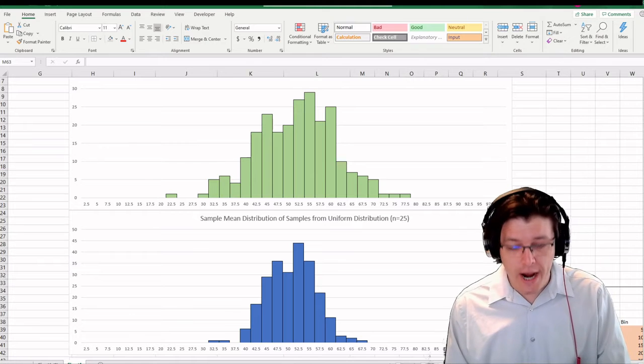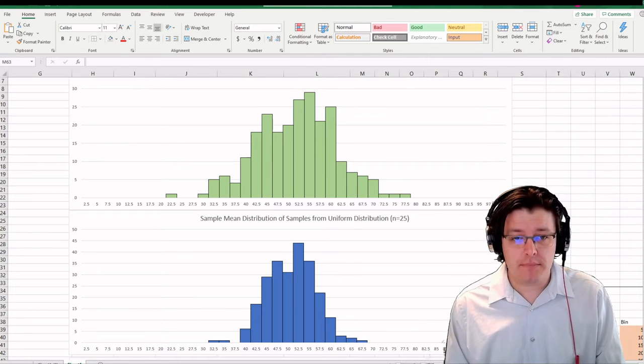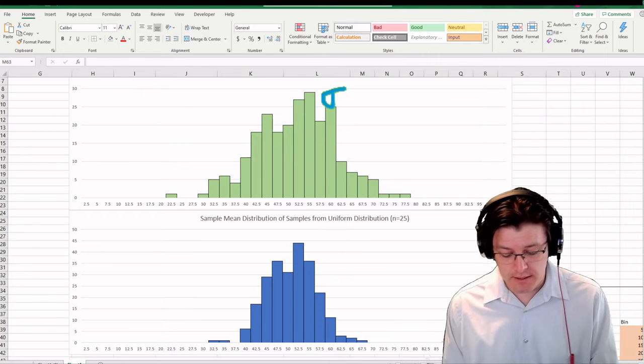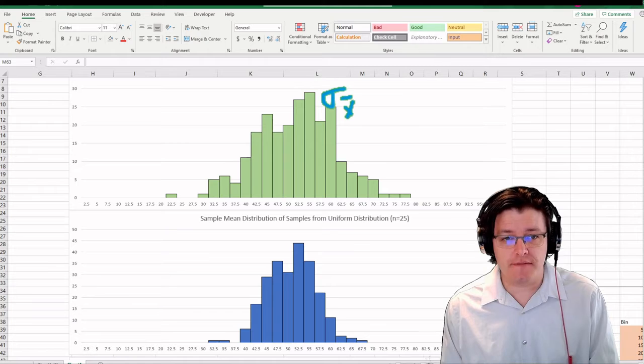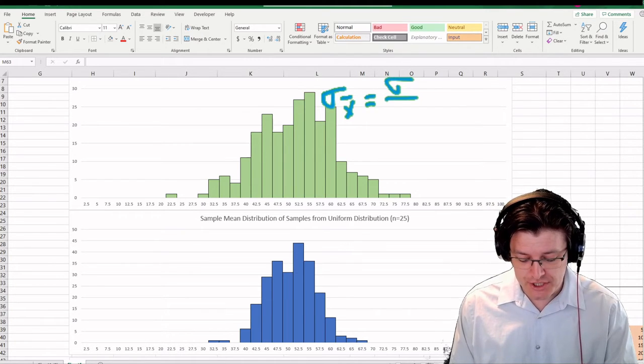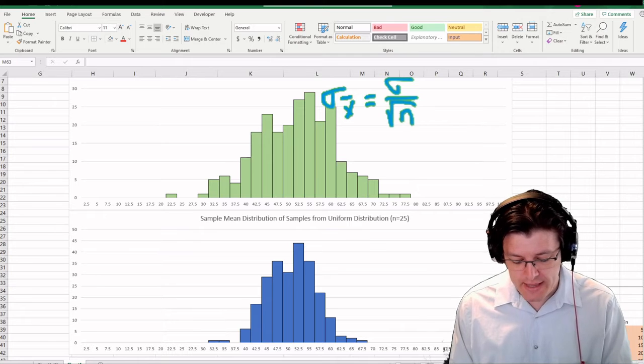So why does this change the way it does? Well, remember, the standard deviation of the sample means is the population standard deviation divided by the square root of n.